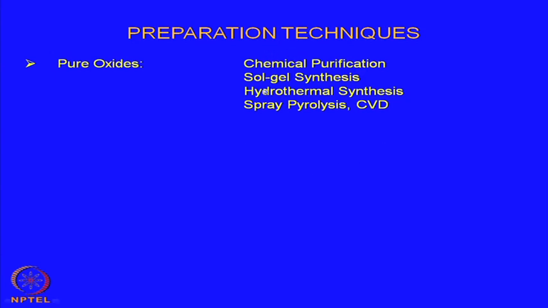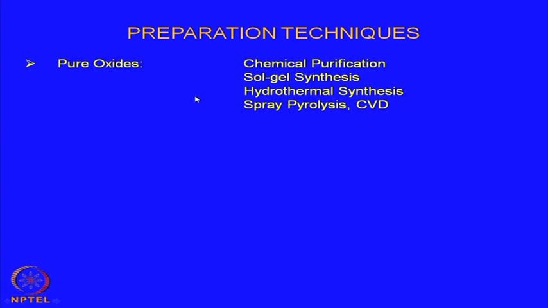There is a technique, we will once again discuss these things later, what the different considerations are, what the basic synthesis techniques are, but there is a technique called sol-gel synthesis, solution followed by gelation. So, it is a solution chemistry route.